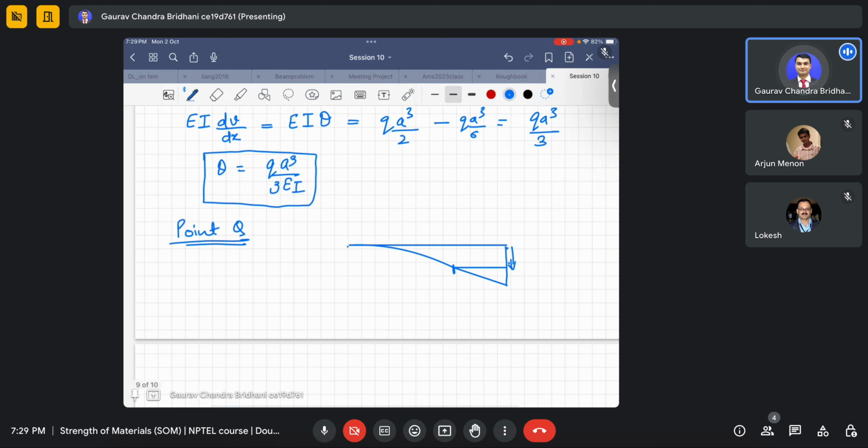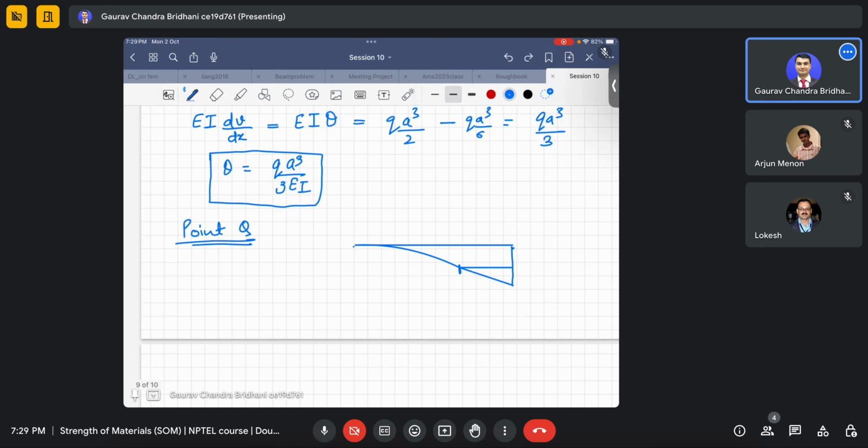This will be till here, it will be VP. I will call that the point P, and this we will calculate. So V at Q will be VP plus theta P into the distance, and that distance is B.